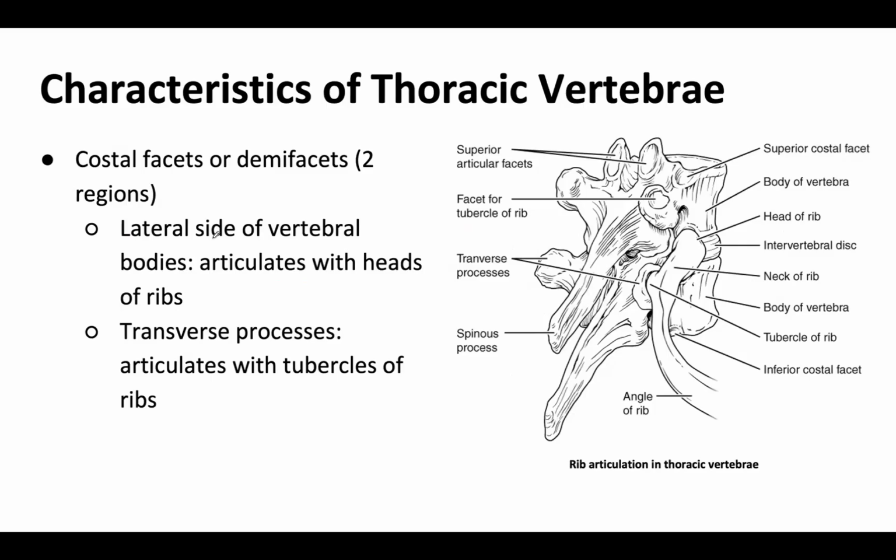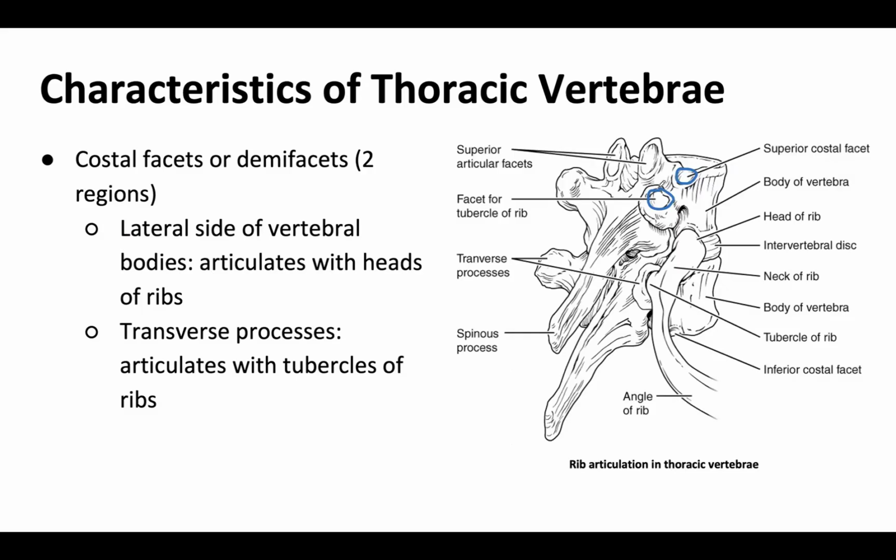The most distinctive characteristic of thoracic vertebrae are costal facets, or costal demifacets, or half facets. These are located on the lateral side of the vertebral bodies and the transverse processes, and these facets allow articulation with the ribs.